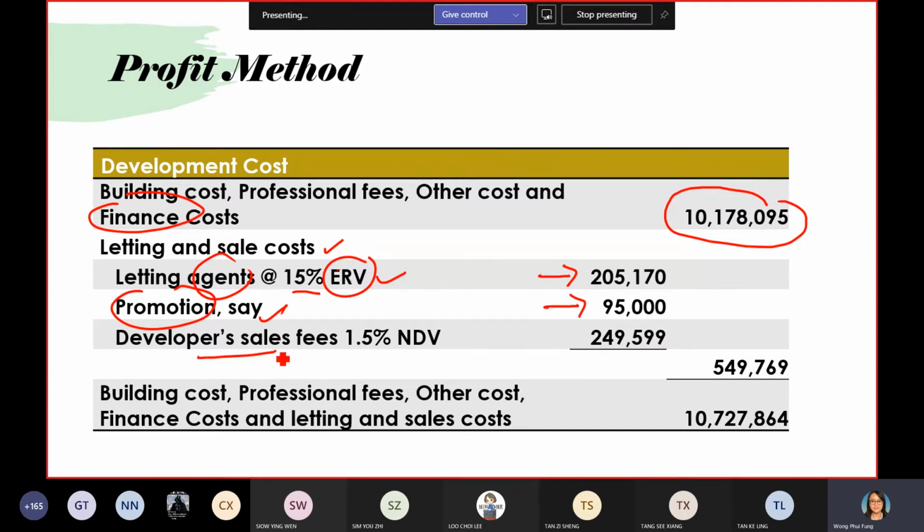Okay, this one, developer sales fee is applied when you intend to dispose to a third party. At the beginning, it's called purchaser cost. Purchaser cost paid by the buyer, EPF. Still remember or not? Just now I said, it's what already? Disposal cost.